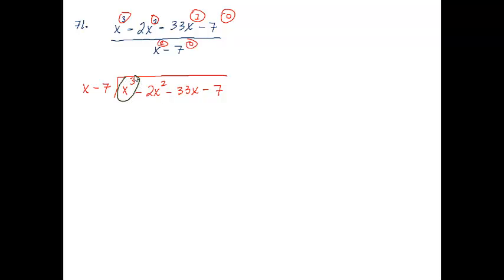So x to the third power divided by x is x squared. Place it somewhere at the top. Again, it does not matter where you put it, as long as it's up there. X squared is now going to multiply every term in your divisor. So x squared times x is x to the third. X squared times negative 7 is negative 7x squared.